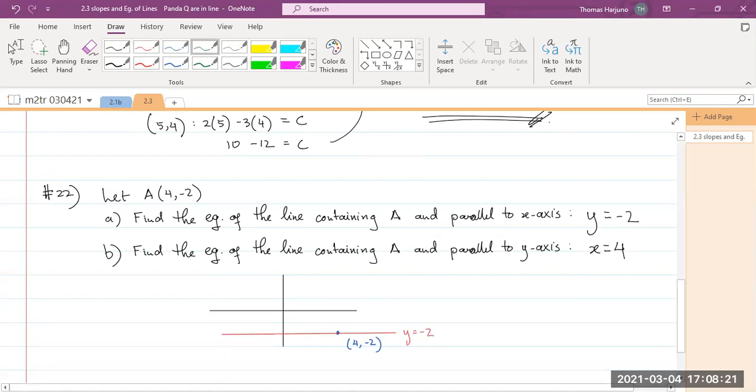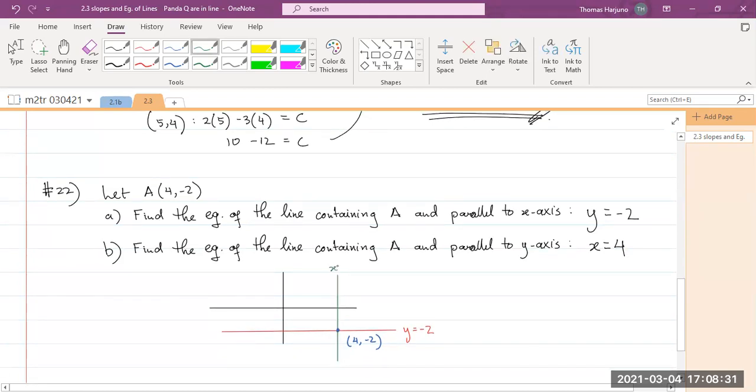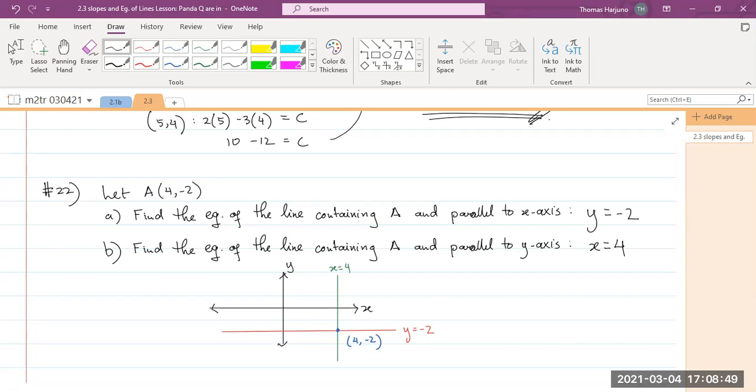And the line parallel to the y-axis must be x equals 4. Okay, but other types of questions that you see here were already done on basically the first day of class.